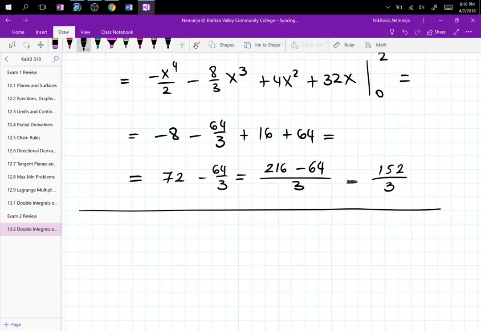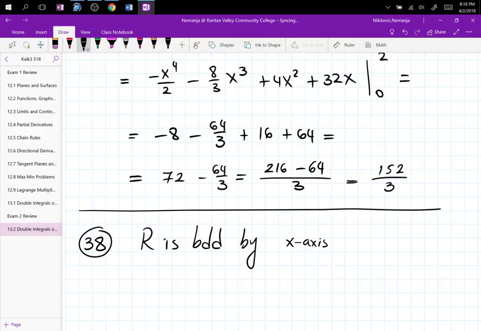It says that the region is in the first quadrant bounded by, so they don't give us f of x, y. This means that f of x, y is 1, and we're technically just looking for the area. The region in the first quadrant bounded by the x-axis, so first I put problem 38. R is bounded by, they say x-axis.